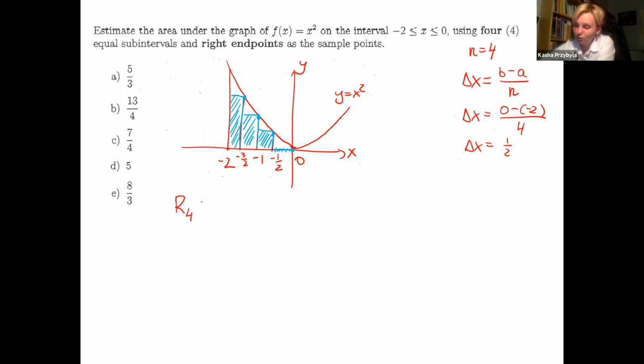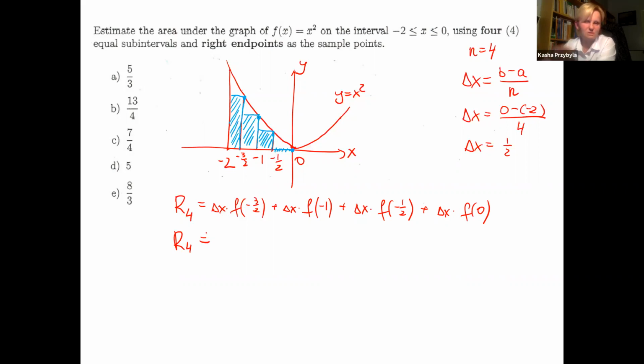Okay, this means we have 4 right-hand rectangles, and I can maybe list them. Delta x times the value of the function for -3/2 plus delta x times the value of the function for -1, delta x times the value of the function for -1/2, and delta x times the value of the function for 0.